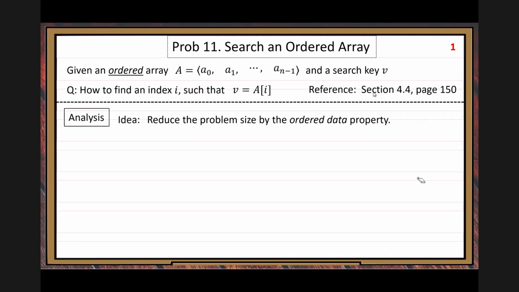The data is ordered, so we should take advantage of it. We should not waste this nice property. So the question is, how do we take advantage of this nice property?